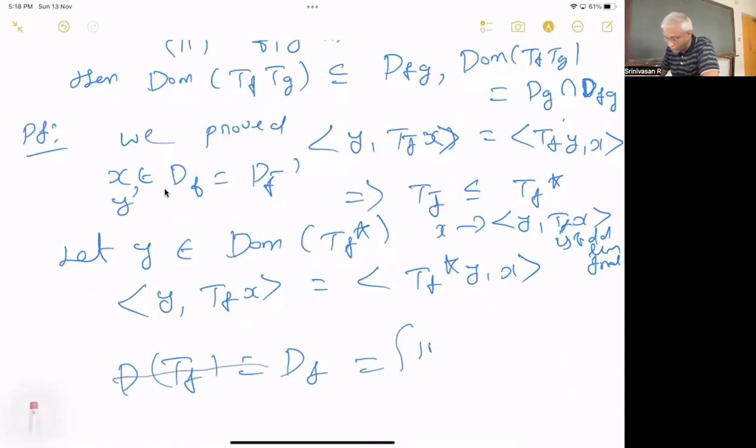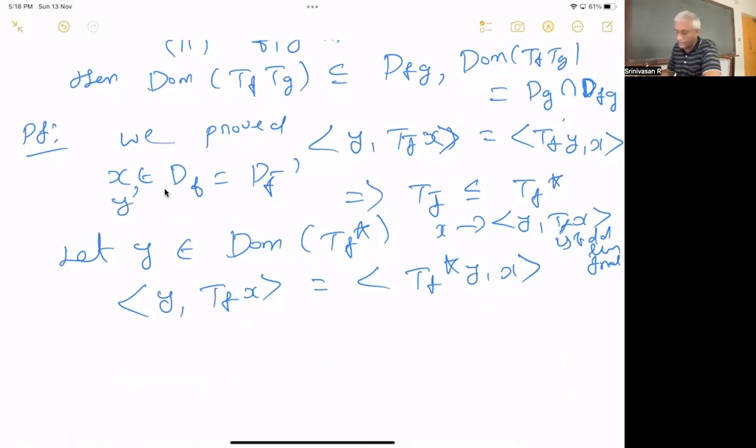So we have to prove that inequality, that boundedness. We assume that y is in the domain of T f star, then we want to prove that y is in the domain of T f bar, the D f bar which we defined.